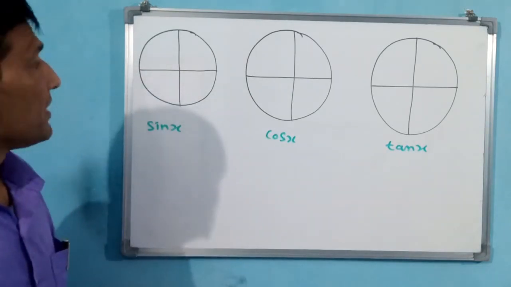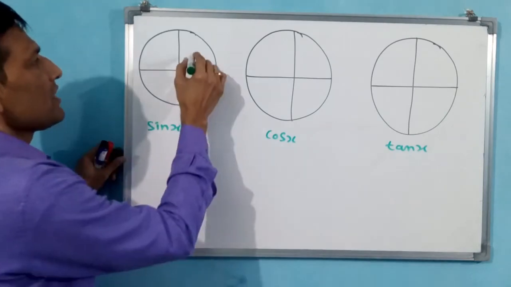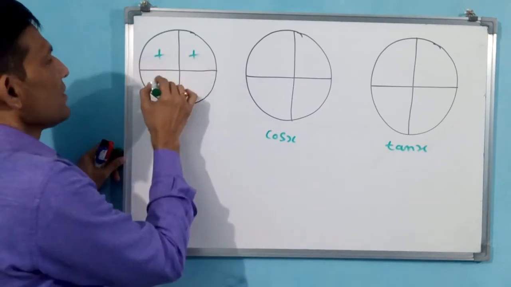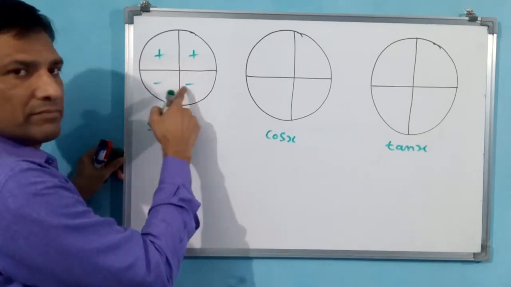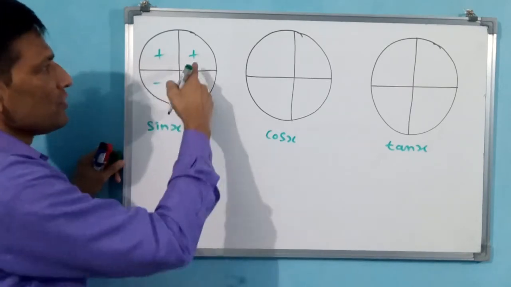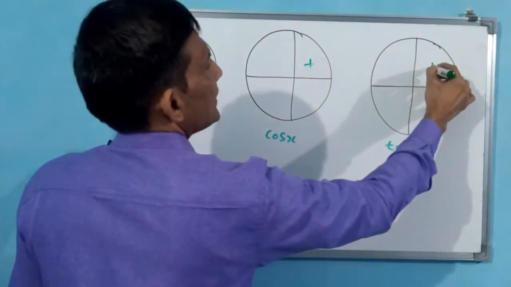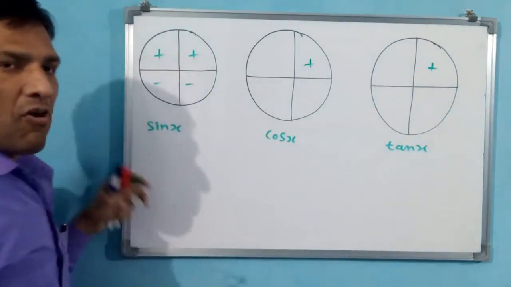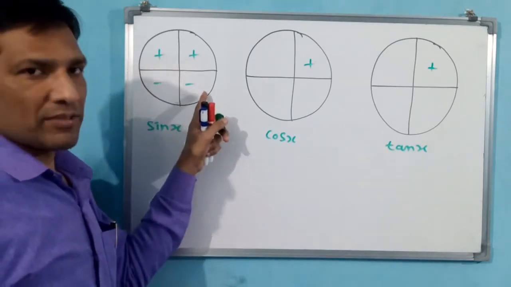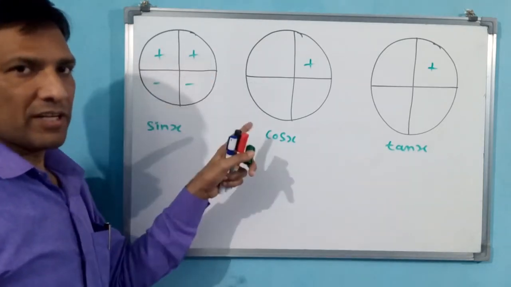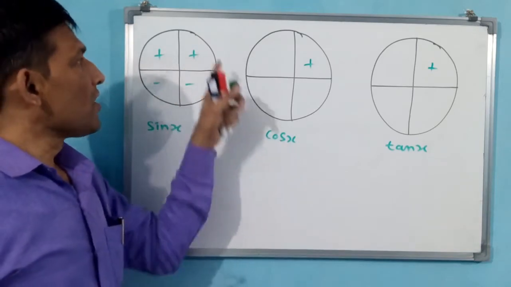And we will write, see, sin x means, all silver tea cups. All, sin, tan, cos. For sin, these two are negative, these two are positive. This is positive for all. All silver tea cups: silver is sin, tea is tan, C is cos, cups. All students take coffee.